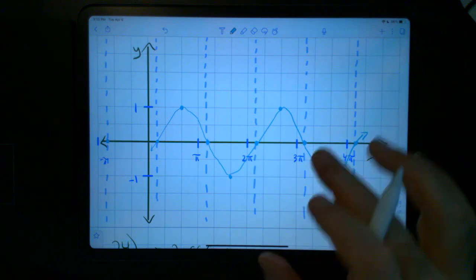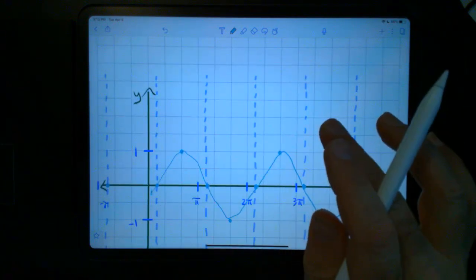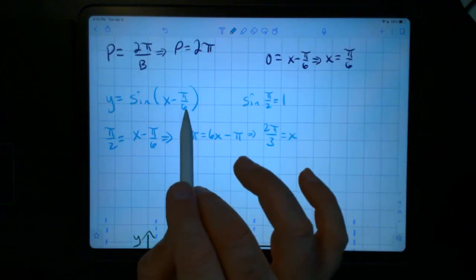Okay. So that is the graph of y equals sine of x minus pi over 6.